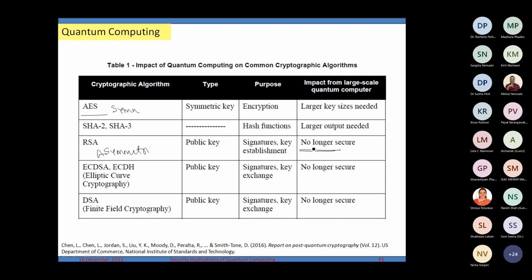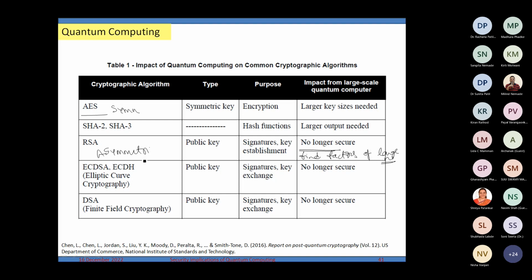be secure. The reason is that we are able to find the factors of a large number using quantum computers. A classical computer cannot solve that particular problem, whereas the quantum computer is able to solve the problem of finding prime factors of a given large number.